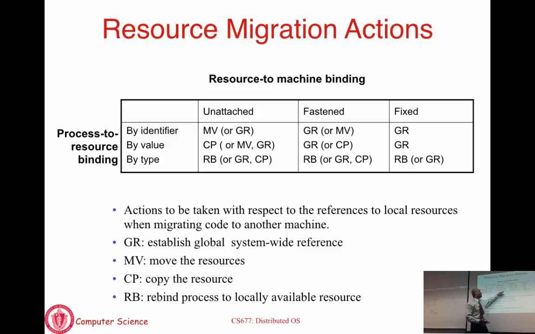So rebind is always an option. And if it's by identifier, then you have to provide remote access as one of the options. That's the way to think about all of this. Any questions? This is an abstract discussion, but it captures all possible scenarios that you might have to think about in a real process migration system.